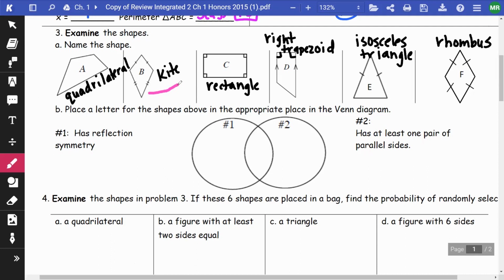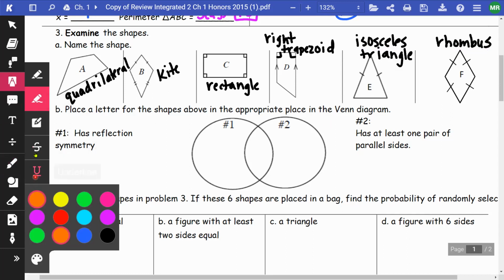So kite, rectangle will have that, isosceles triangle will have that, and a rhombus will have that. Okay, so let me just kind of highlight here.